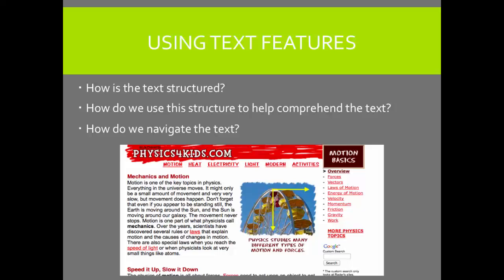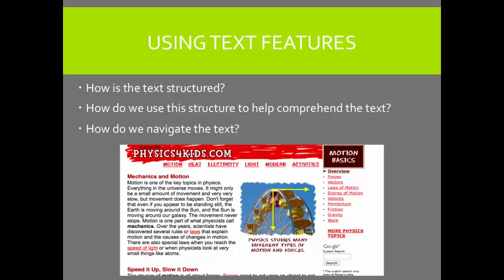So when we're thinking about using things like websites, simulations, wikis, blogs, even video or audio, we need to help our students to understand the different affordances of these different forms of digital mediums and how they can use those affordances to their advantage when it comes to understanding the information.